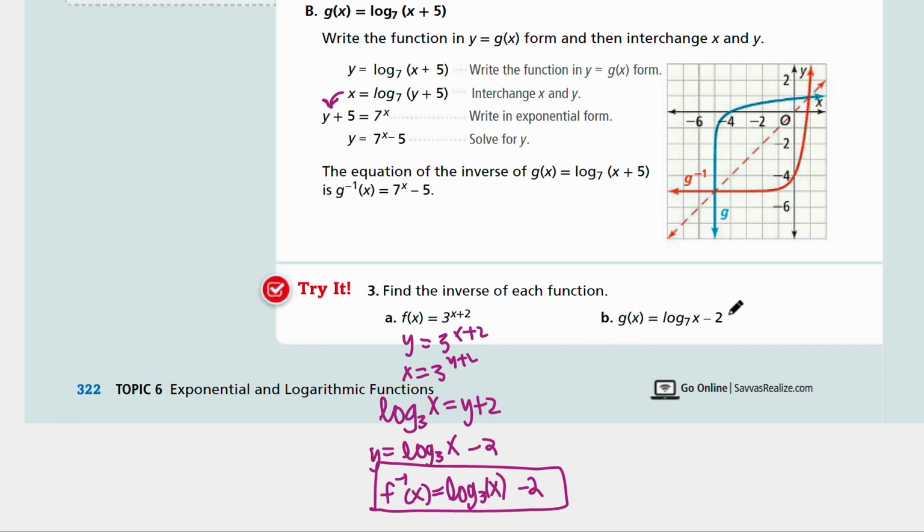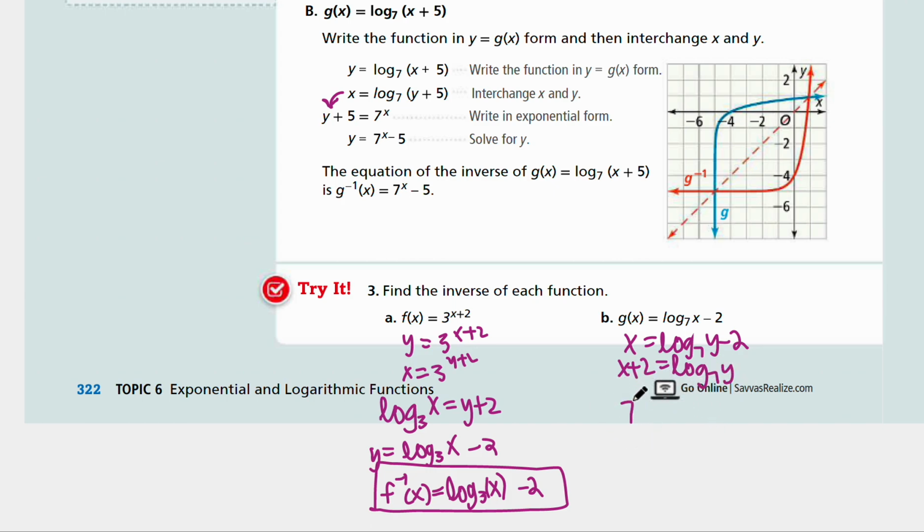Okay, part B, do the same thing. I'm gonna skip a step and just change x and y right away. So this would be your inverse function, solve for y. Before you change it to exponential, you might want to add 2 on both sides, right? And then change it to the exponential function.